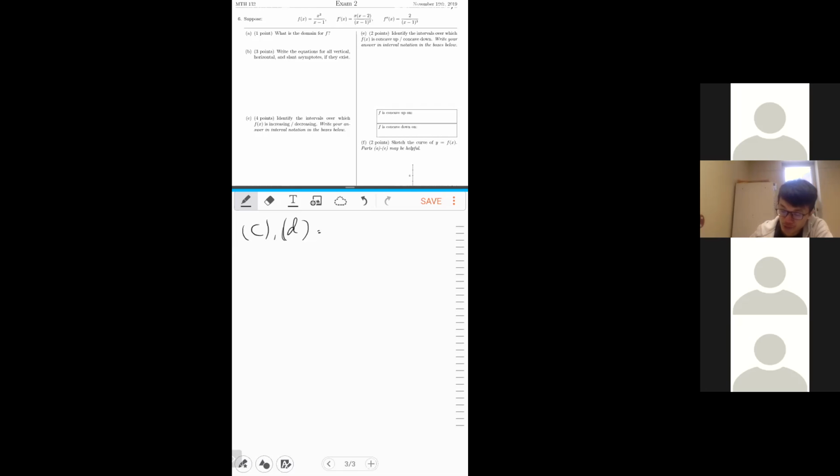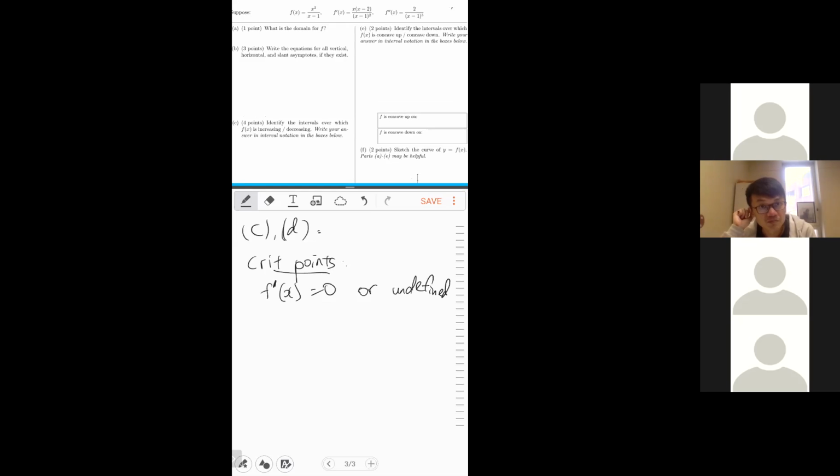You want to find all the critical points. Critical points are the points where the derivative is 0 or undefined. Does the derivative have any undefined points?